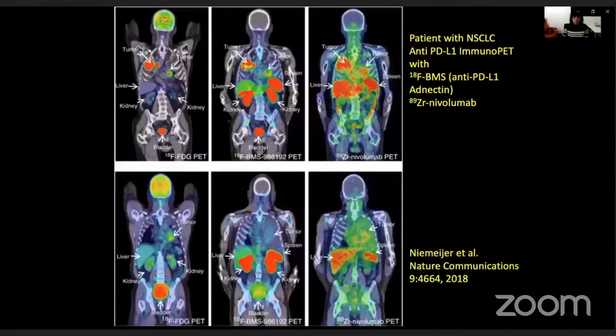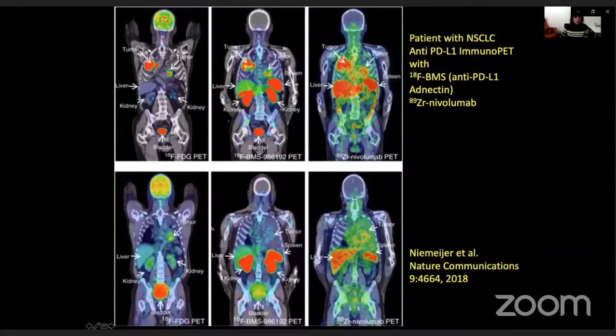Now, let's come to some more clinical examples. This is a very interesting paper published by the group of Niemeijer et al. in Nature Communications in 2018. And I think this is the first paper reporting on anti-PD-L1 imaging in patients with lung tumors.